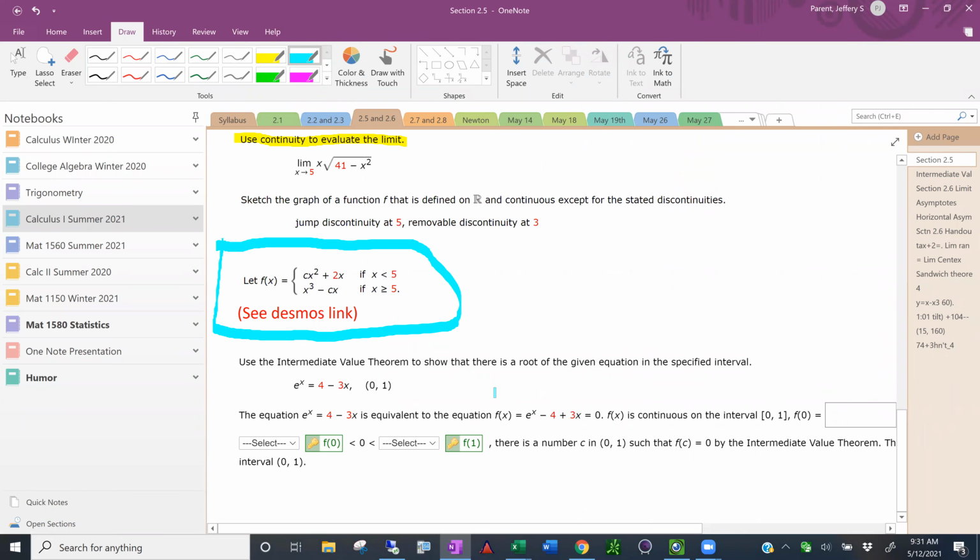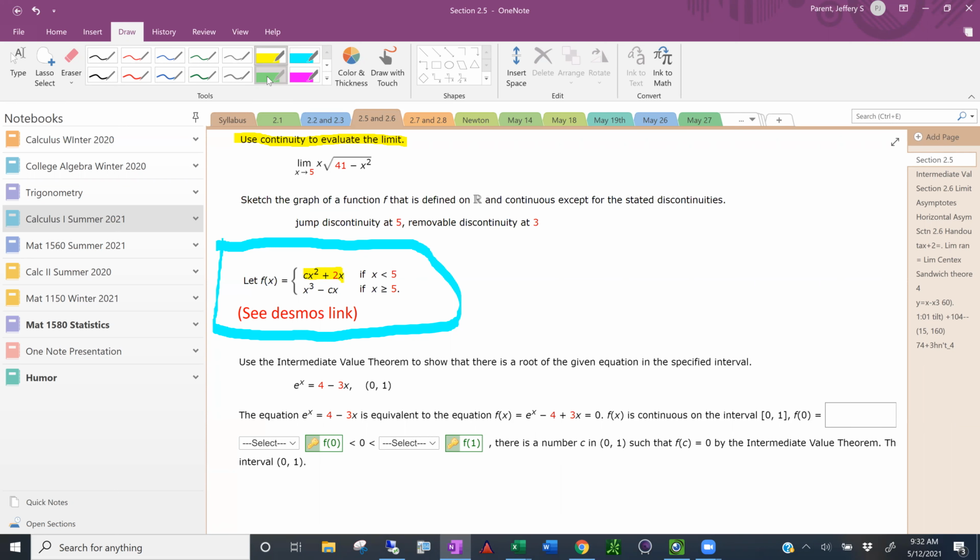So this would be example E. F of x has some constant in it. It's C times x squared plus 2x if x is less than 5, and x cubed minus cx for x greater than or equal to 5. So both parts of this piecewise function are polynomials.